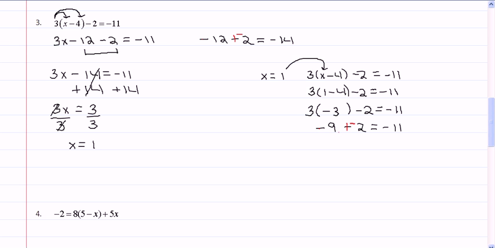So I'm actually adding negative 9 plus negative 2, which is negative 11. So I have negative 11 equals negative 11, and so my answer is x equals 1.